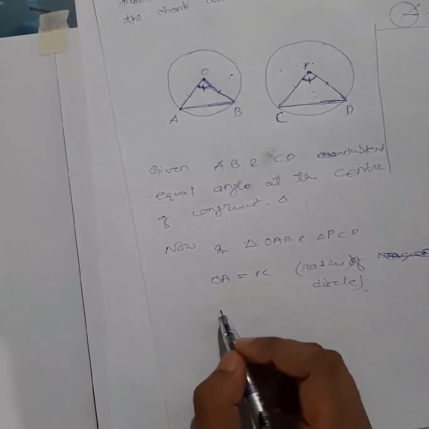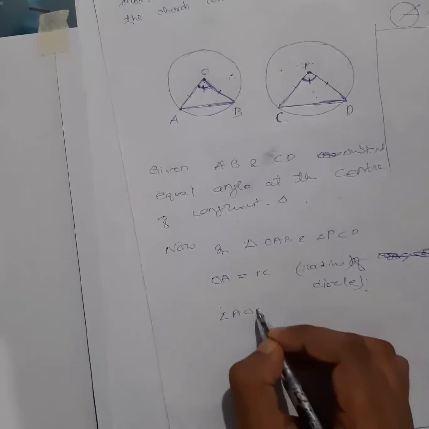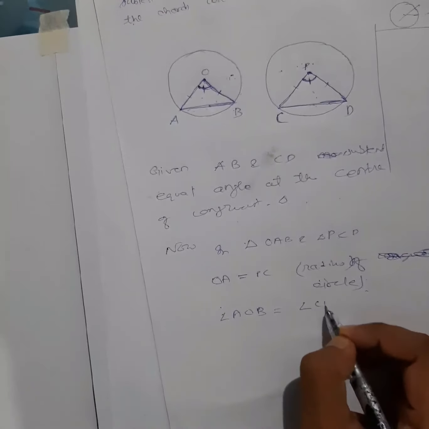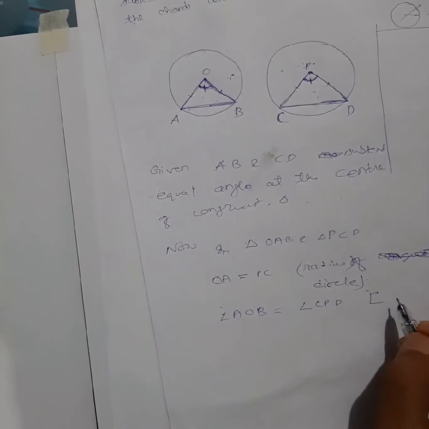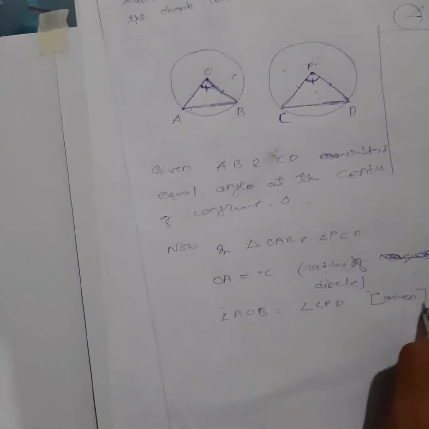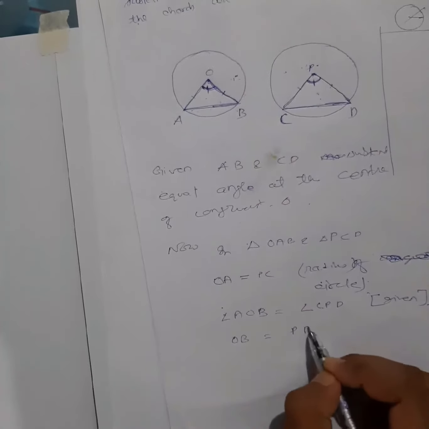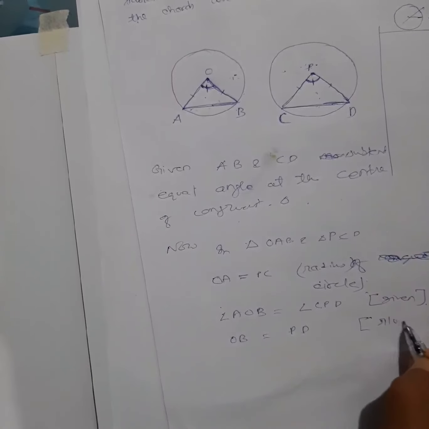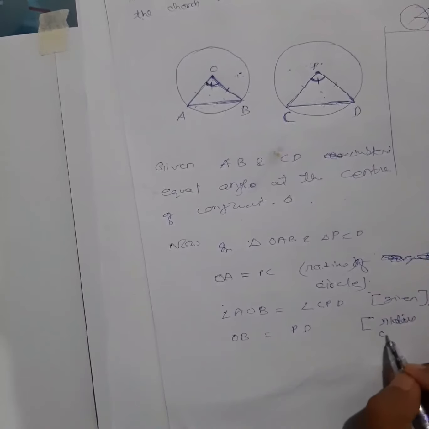So radius of congruent circle. Next, angle AOB, or you can write angle O directly, is equal to angle CPD. Here you can write directly angle P also, no problem. Okay, so why equal? Because given, right? This is given in the question. Next, OB is equal to PD, so this is radius of congruent circle.